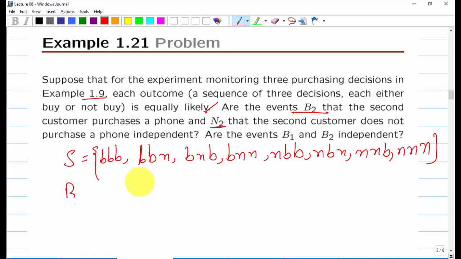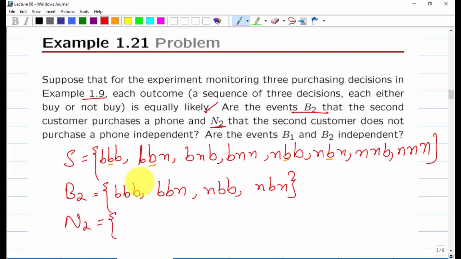So B2, that the second customer buys the phone. So if I mark it with second customer here, we'll be having these 4 outcomes in this event: B B B, B B N, N B B, N B N. And N2 will be the second customer not buying the phone.